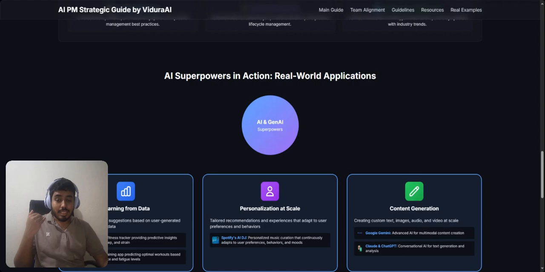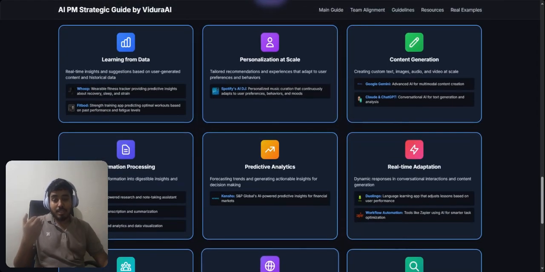And the next thing is information processing. Information processing we can take as simplifying complex information to, let's say, digest insights. NotebookLM is the best example. It's a powerful research assistant that can even create an audio overview and so on.